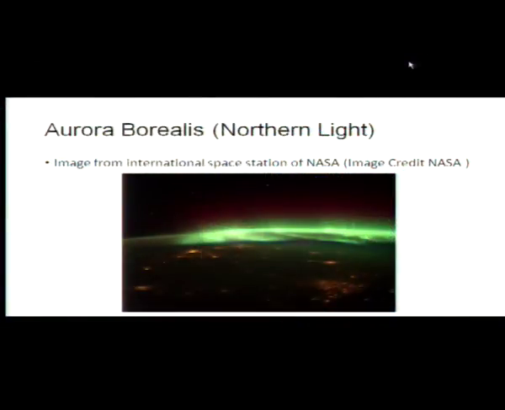This current creates some beautiful sights known in the northern hemisphere as aurora borealis, or the northern lights, and very similar things also happen in the southern hemisphere, known as aurora australis. I have shown you an image of the aurora borealis from the NASA public website, but they occur in different colors.